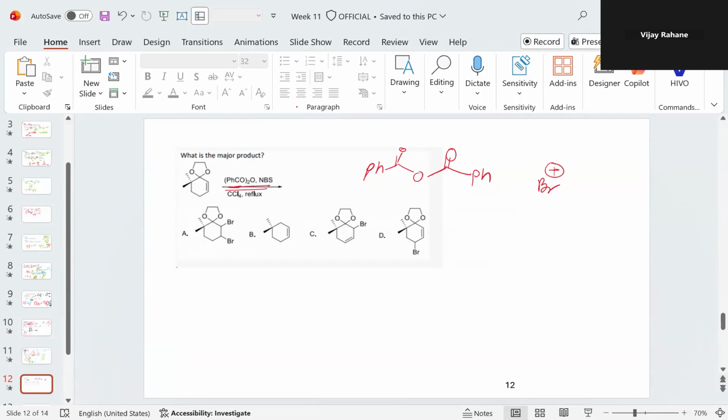So how does the reaction on this olefin occur? We have CCl4 as a solvent and the reflux.